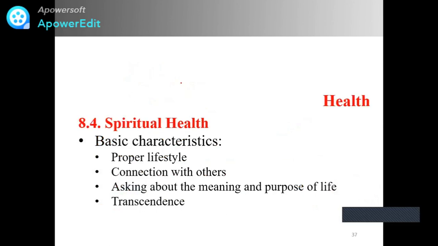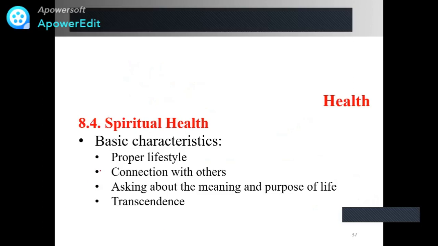When we are talking about spiritual health, there are a few characteristics. First, proper lifestyle. Then connection with others, good relationships. Third, making meaning and purpose of life. What is the meaning of life?